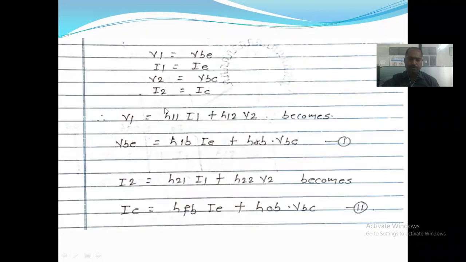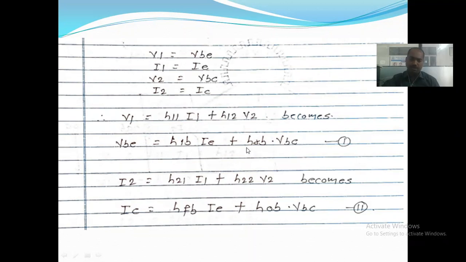Now we have to find out these four things, that is HIB, HRB, HFB and HOB, right? The only change here is that to find out a particular parameter, we make the other one zero. To find out HIB, we make VBC, one parameter, either a voltage or a current, equal to zero.